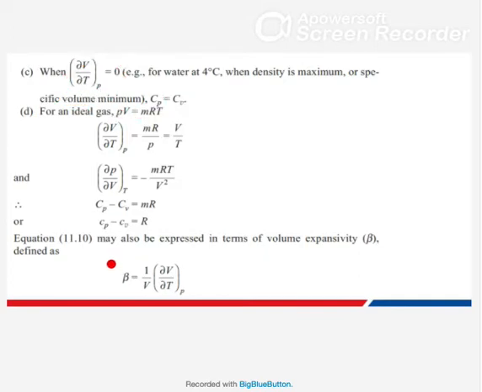We have the relation volume expansivity equals 1/V ∂V/∂T at constant pressure. This is 0 for water, but it cannot be 0 for air. So you can calculate ∂V/∂T at constant pressure for the ideal gas and put it here, and you will get the beta value.